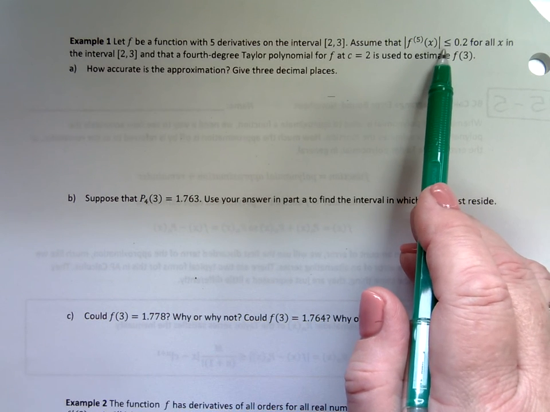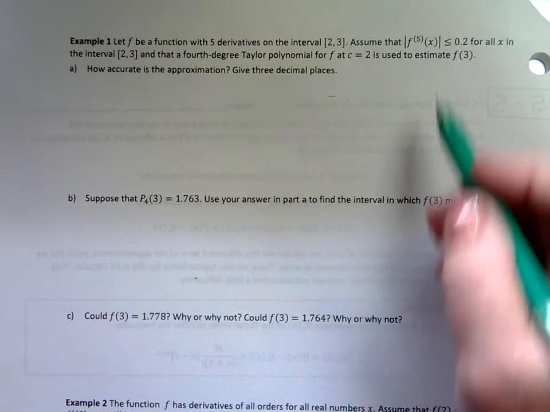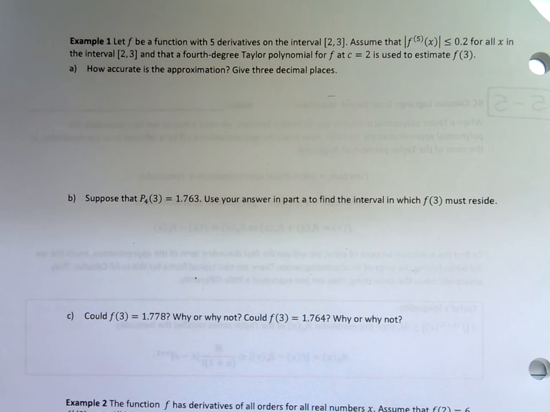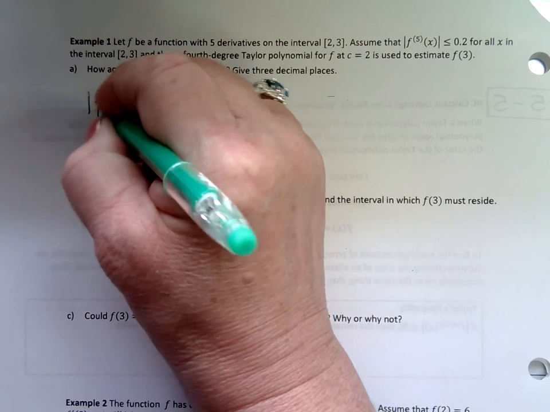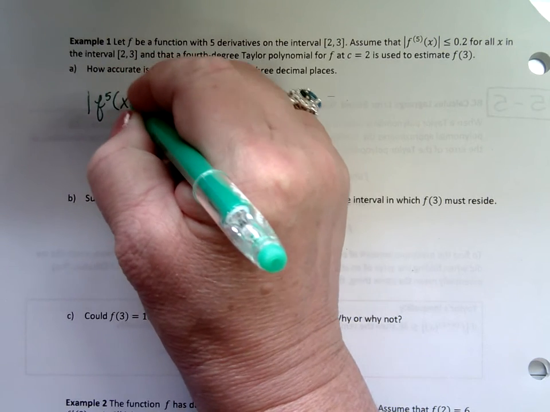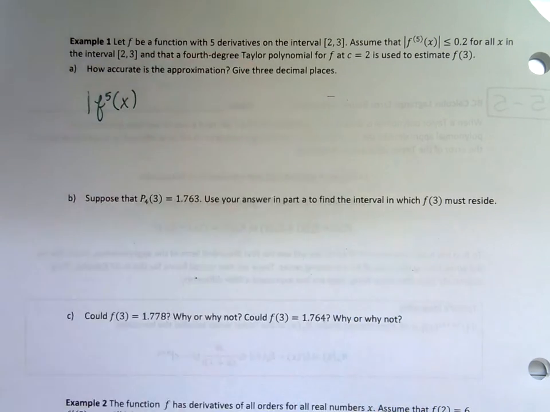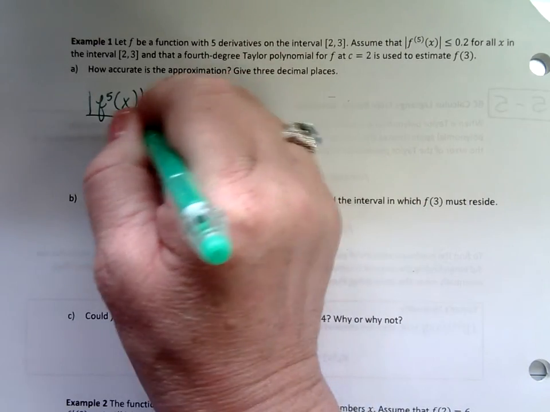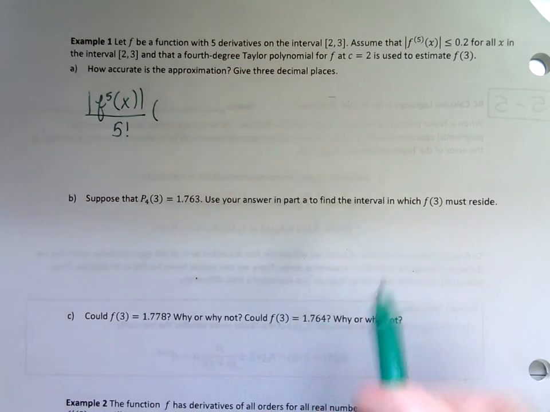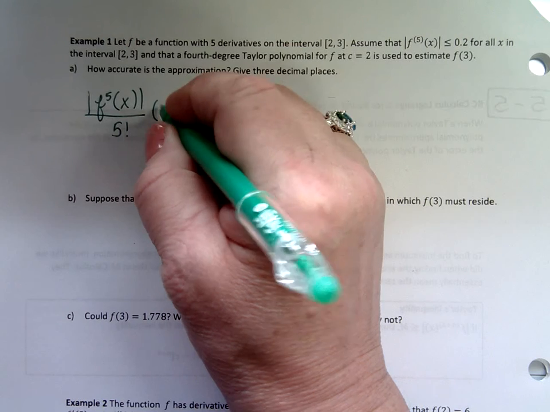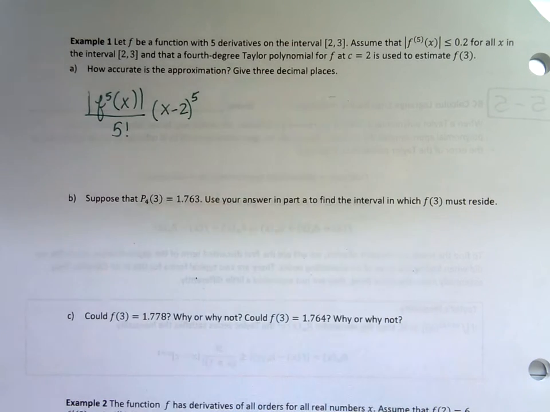So if I take the 5th derivative, think about what the Taylor polynomial term would look like for the 5th derivative. It would be the absolute value of that 5th derivative over 5 factorial, and then since it's centered at 2, I have a grouping x minus 2 to the 5th power.